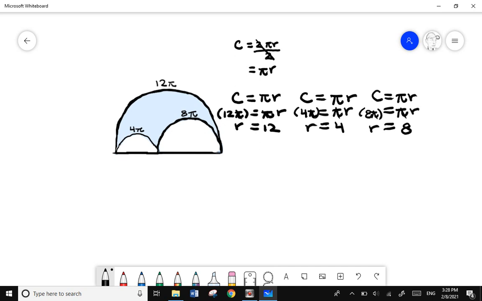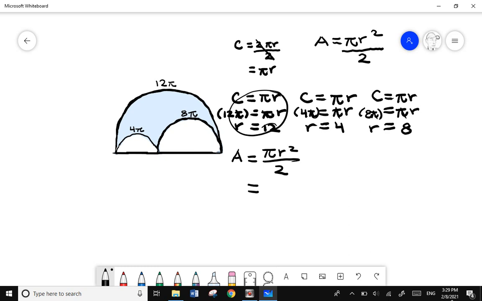So let's find the areas. So the formula for area is area equals pi r squared. But remember that these are still semicircles, and that's the formula for a circle. So again, we have to divide it by 2. So that is our formula now. So let's write our formula down. Always start with your formula. Alright, and since we know the radius, let's start with this one first.